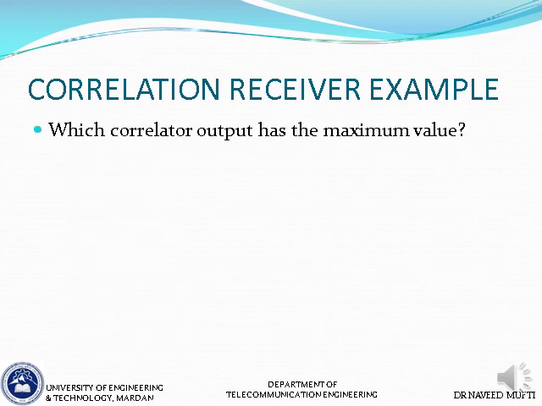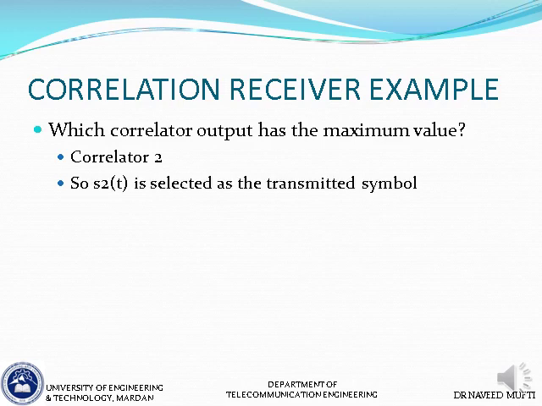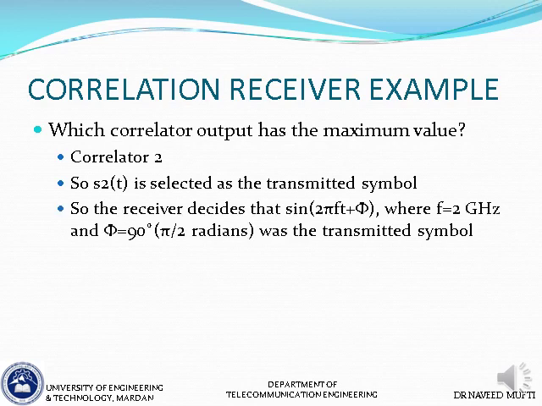And what do you think, which correlator output has the maximum value? Correlator 1, 2, 3 or 4? So as you saw on the previous slide, correlator 2 gave us the maximum value. What does it mean? That means that S2 of t is selected as the transmitted symbol.